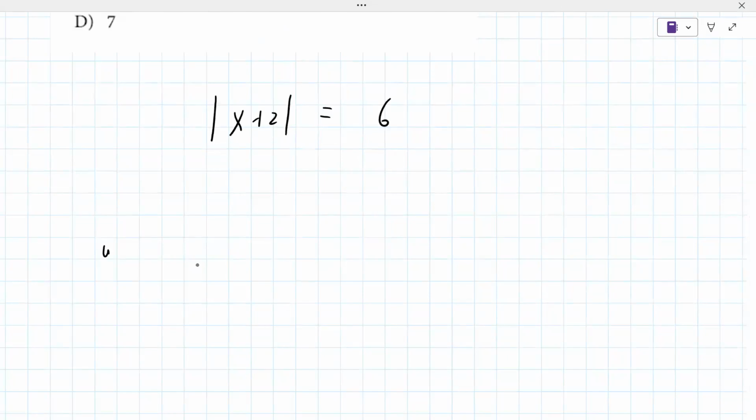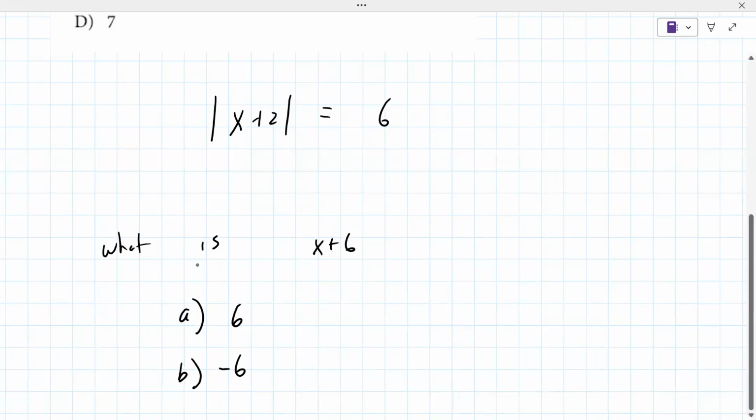What is X plus 2? It's either 6 or negative 6. Sorry, a slip there. The part inside the absolute value has to either be 6, because the absolute value of 6 is 6, or it has to be negative 6, because the absolute value of negative 6 is also 6.